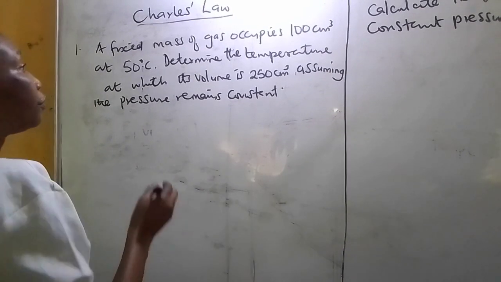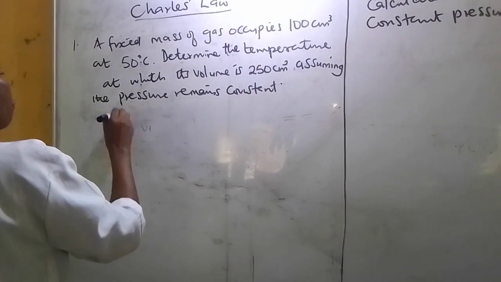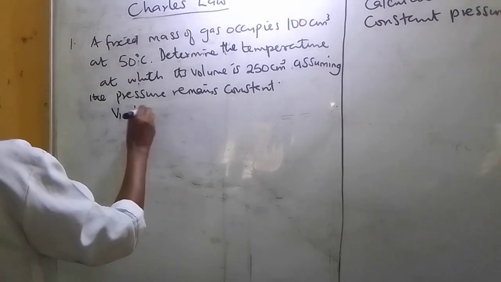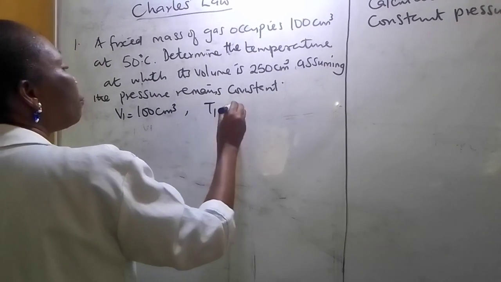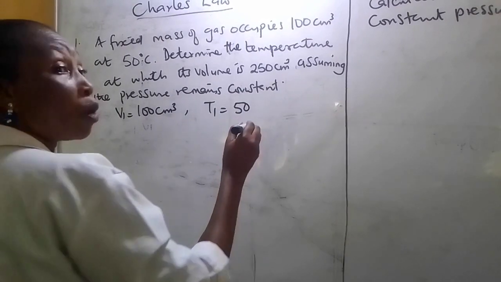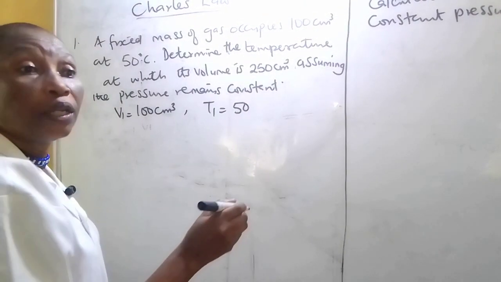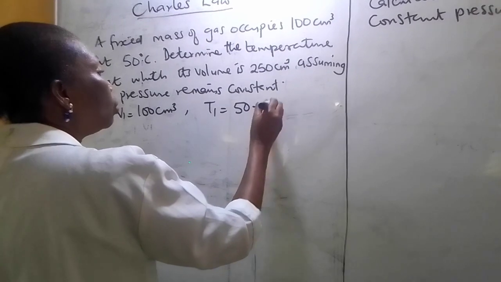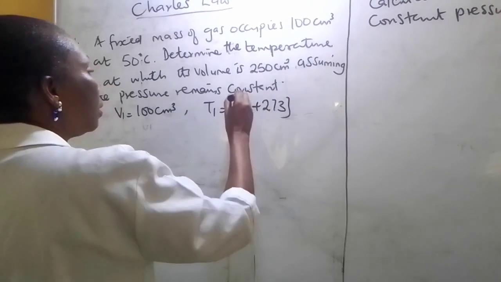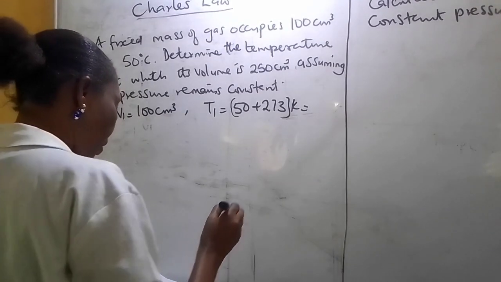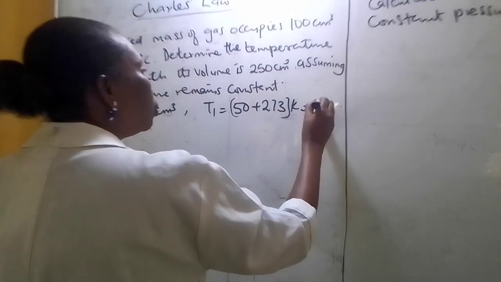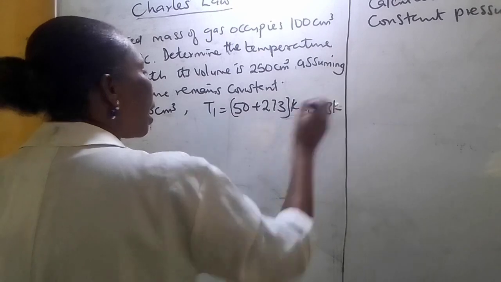So we have V1, the initial volume, to be 100 cm cube. We have T1 to be 50 degrees centigrade. We convert to absolute temperature. We add 273 and we say in Kelvin. And that will give us 323 Kelvin.